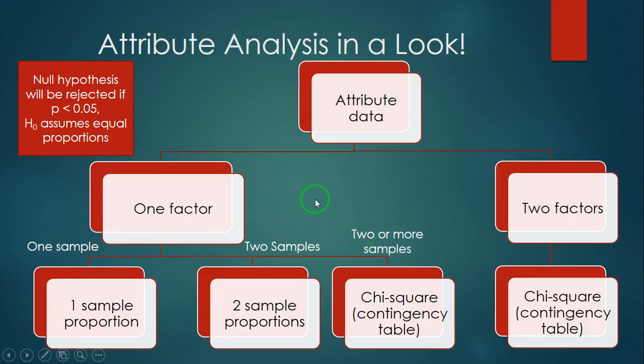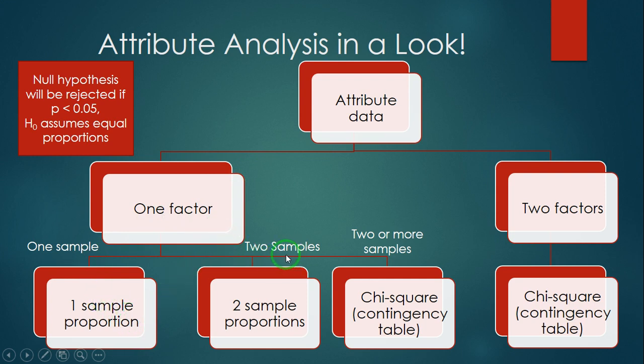In attribute hypothesis testing, we consider proportions as the base for comparison. So the null hypothesis will be rejected if the p-value is smaller than 0.05 and it assumes equal proportions. So if we have one factor and we have just one sample, we use the one sample proportion test.